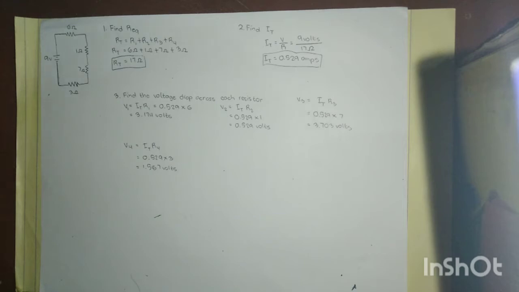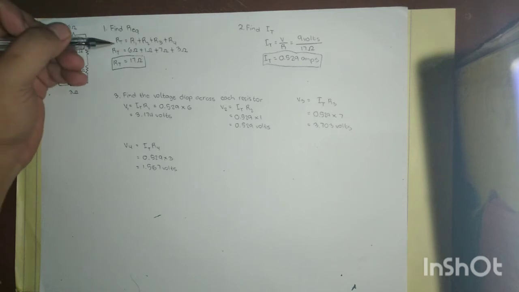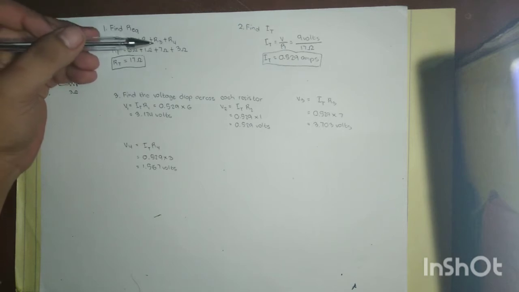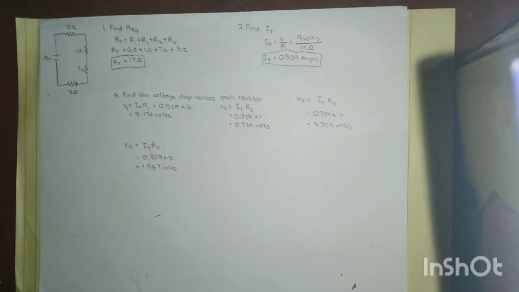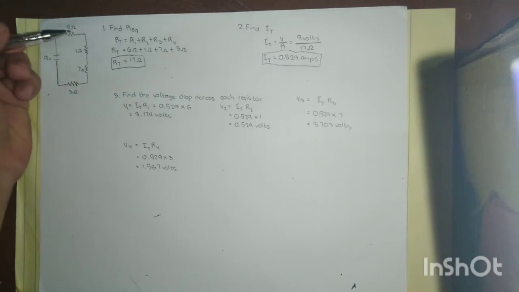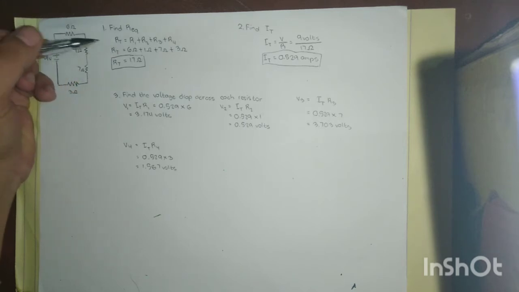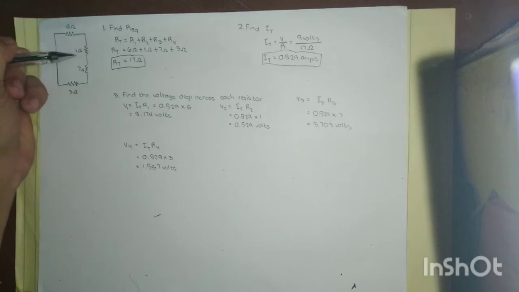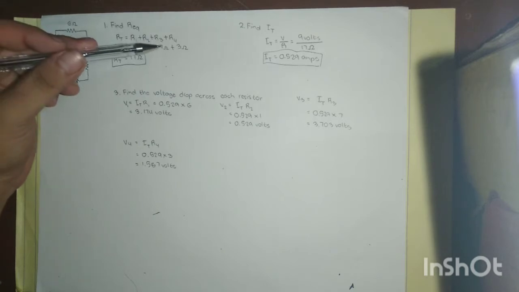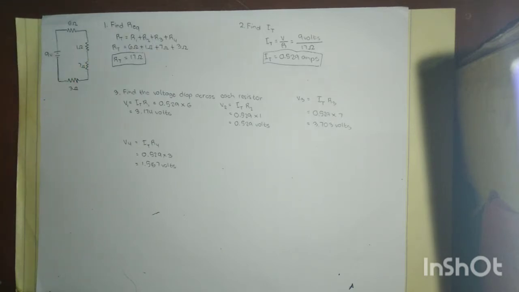To find the total resistance of a series circuit, we need the formula RT, or the total resistance, is equal to R1 plus R2 plus R3 plus R4. Since we have 4 resistors, the total resistance is equal to R1, which is 6 ohms, plus R2, which is 1 ohm, plus R3, which is 7 ohms, plus R4, which is 3 ohms.